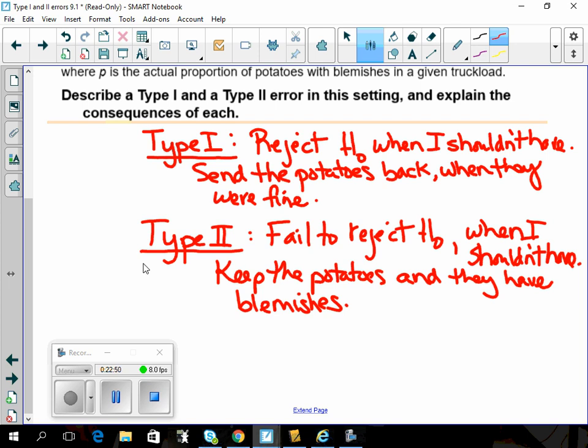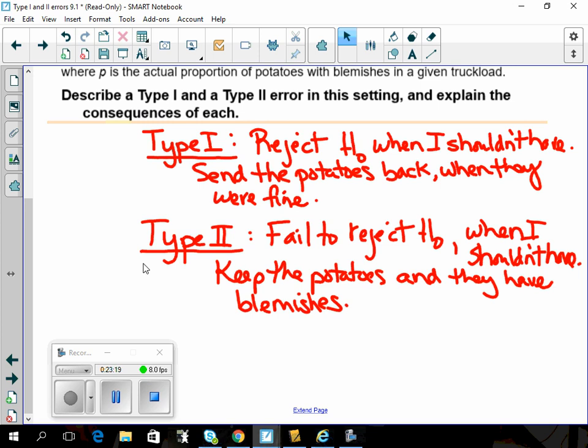What about from the potatoes farmer's perspective? What might be a consequence for them if a type 2 error was made? Well, the potatoes are getting used, right? But what might get damaged? The reputation, right? So there are consequences for both. It just depends on which perspective you're looking at which one is the more traumatic, okay?